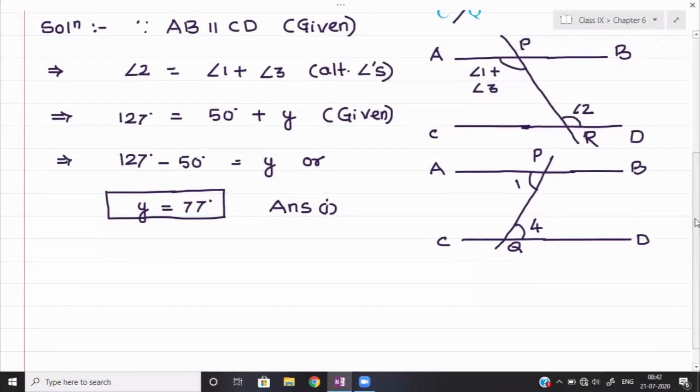So here we shall write down now again, AB is parallel to CD. Here it would be better if you mention the name of the transversal. So in the previous section also we shall mention the transversal. Here I am mentioning PQ is a transversal.